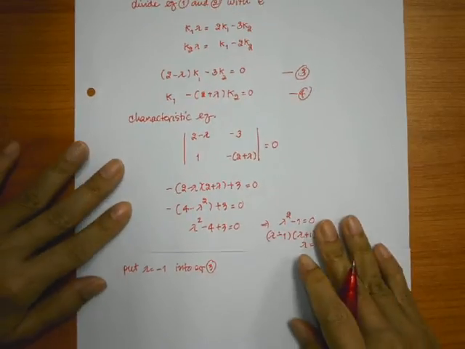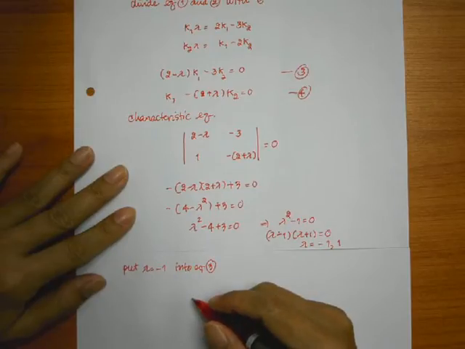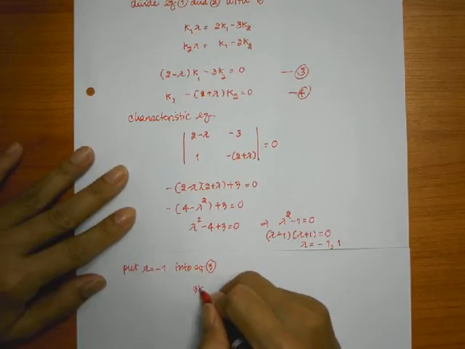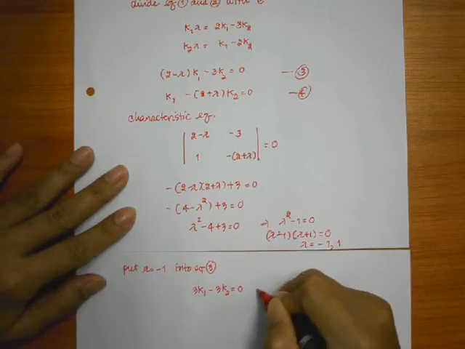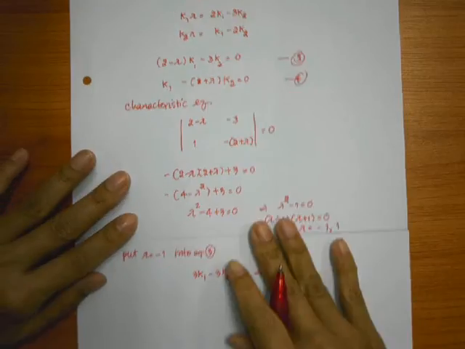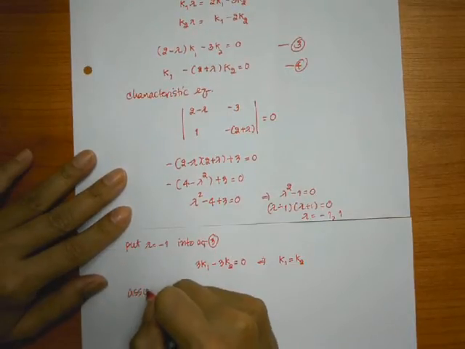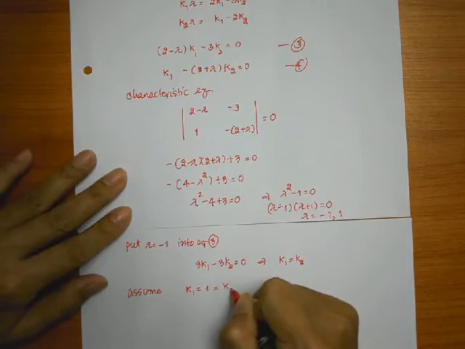So we would get 3k1 minus 3k2 equal to 0. So our k1 is equal to k2. So then I just assume k1 is equal to 1, then k2 also equal to 1.